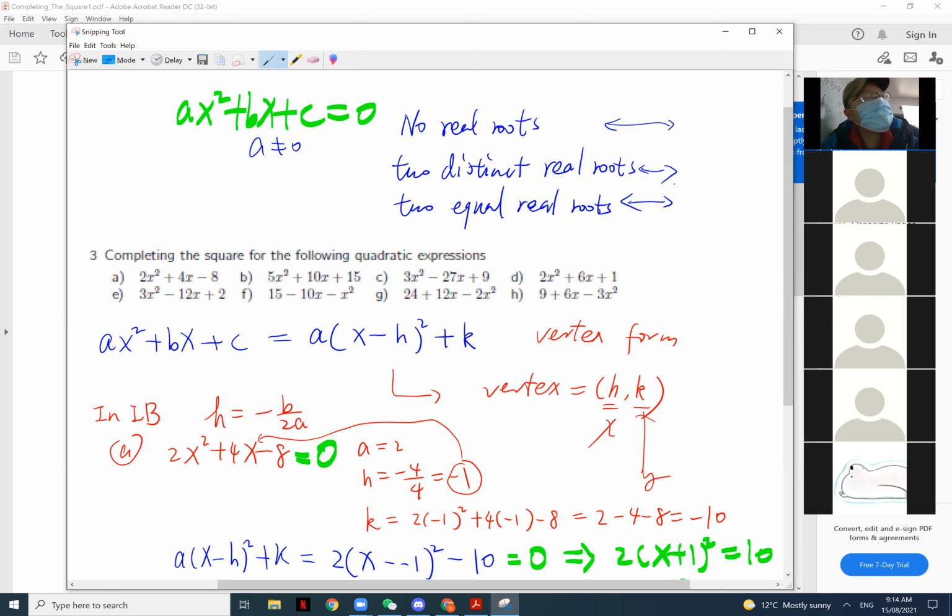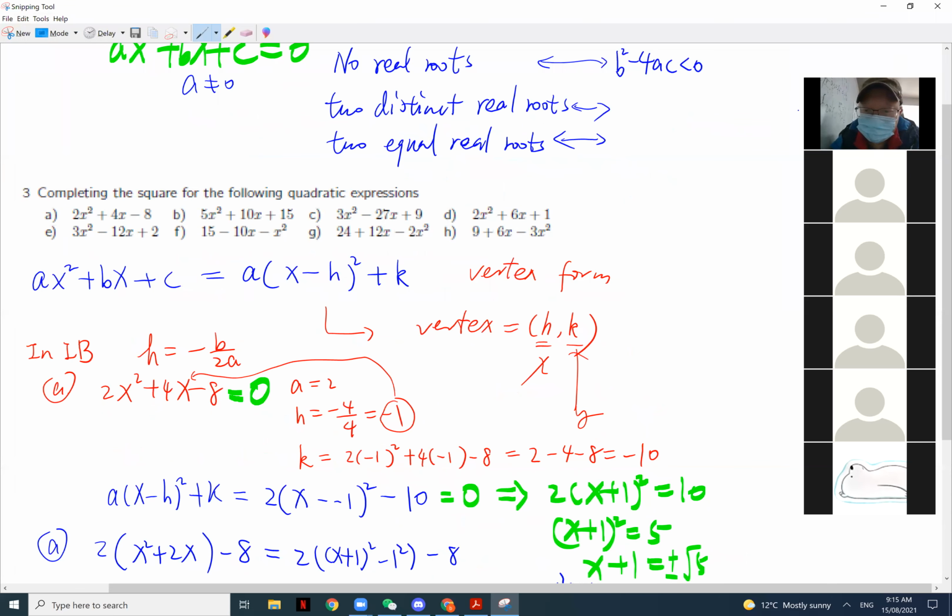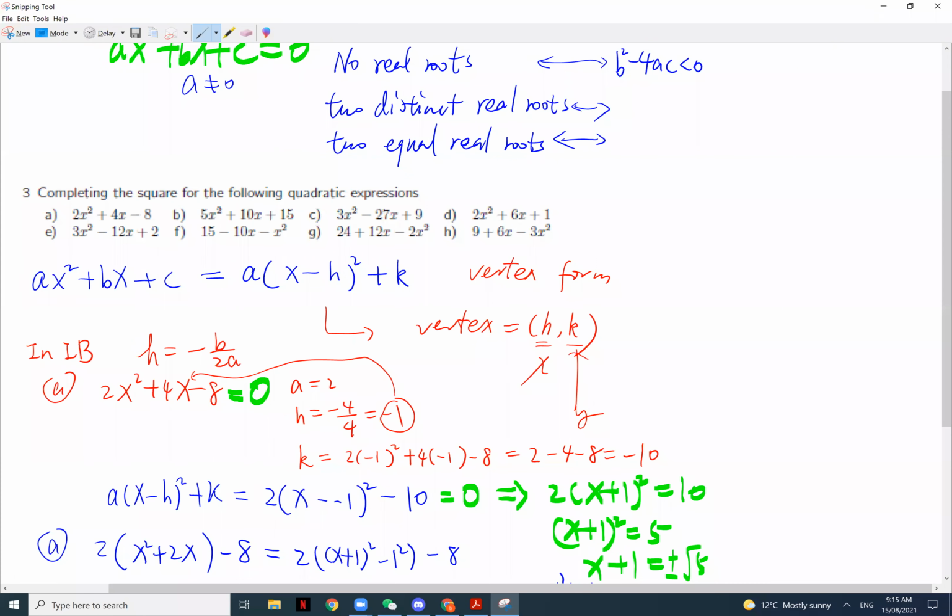Something smaller than 0, but it's not a. It's b squared minus 4ac less than 0. Martin, 2 distinct real roots? Yes, b squared minus 4ac bigger than 0.